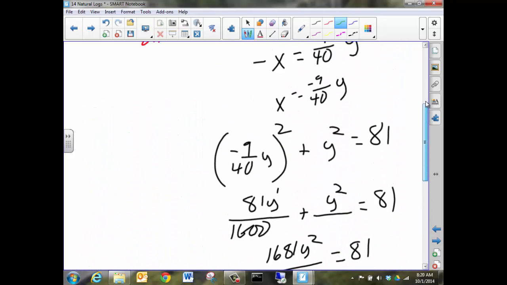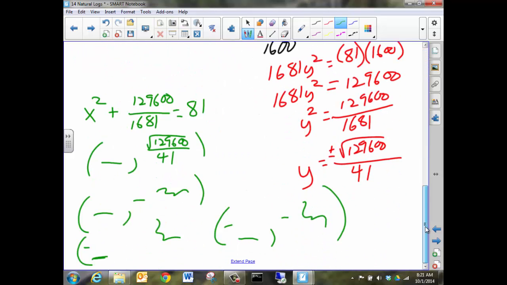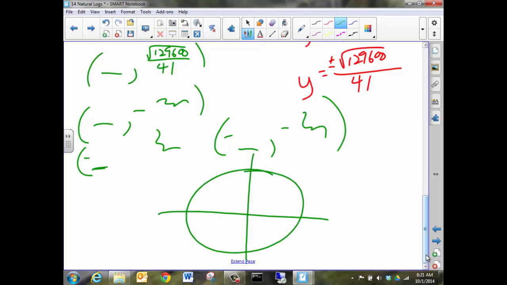Well, let's go back up here. What does this graph look like? X squared plus y squared equals 81. Circle. All right. The slope is 9 over 40, which is positive. So I've got a circle, and I want the slope to be positive. Can the slope of anything in here be positive? What about over here?